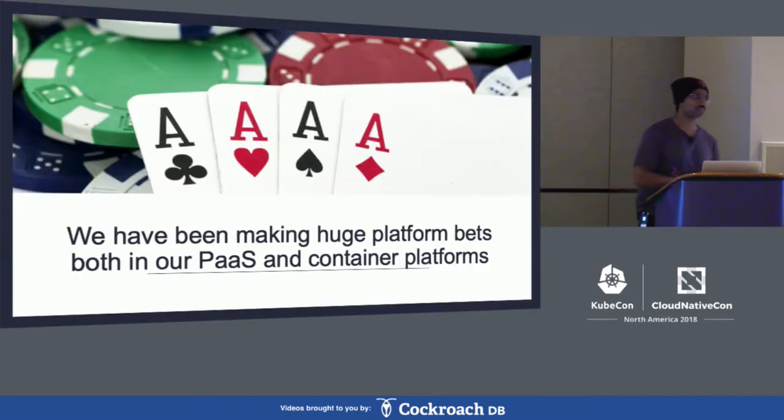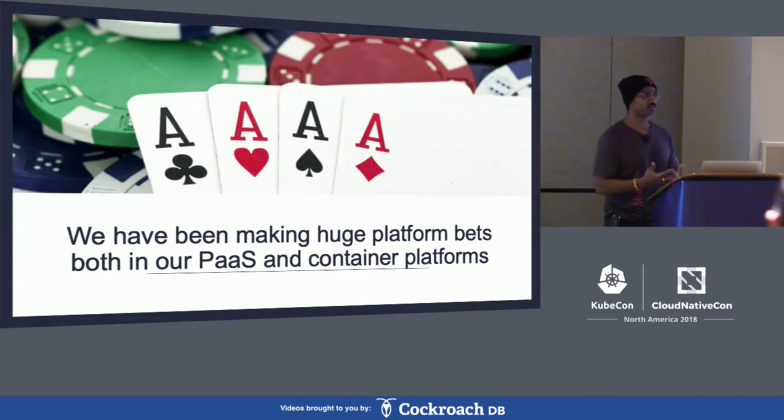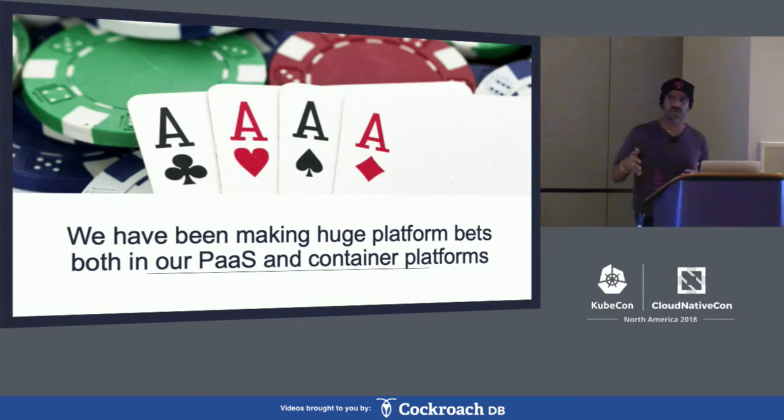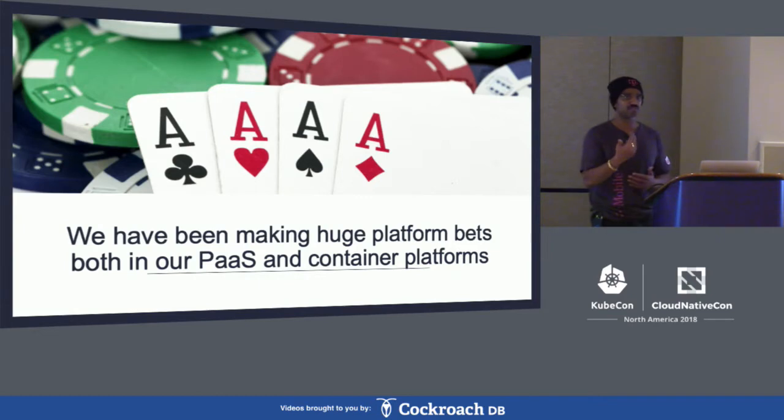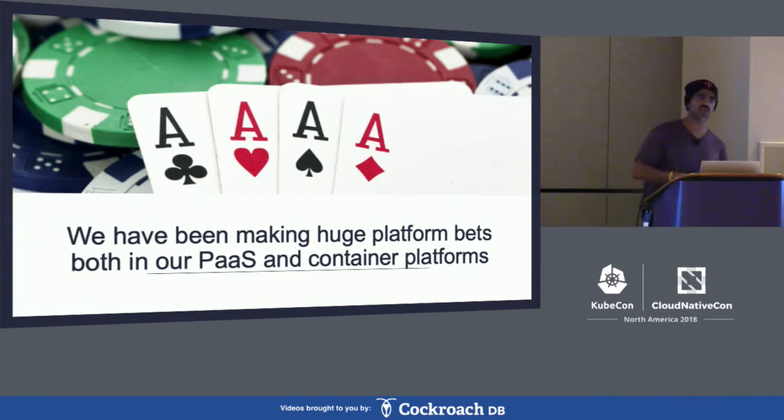And so what happens is, we've made huge platform bets. Who here was at Brandon and James' talk on the platform journey, especially on-premises? You can see the amount of investment we've made for workloads that run on-premises. We have a PaaS platform built on Cloud Foundry for developers to deploy their applications and not have to worry about the infrastructure, where it runs and things like that.